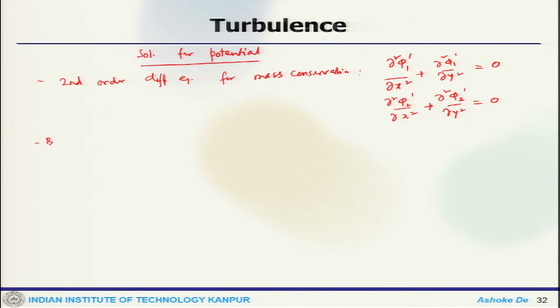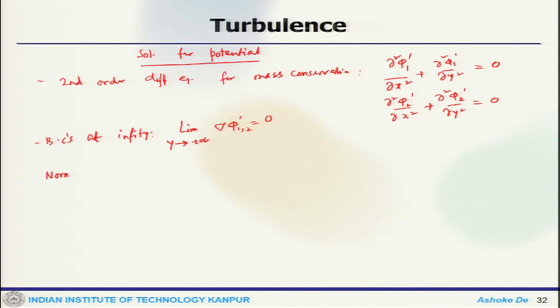Now, we have boundary conditions at infinity, which is limit y tends to plus minus infinity, that gradient of phi 1, 2 equals to 0.